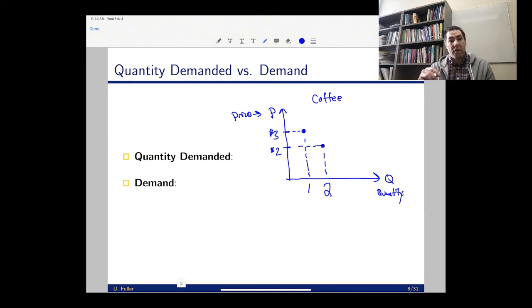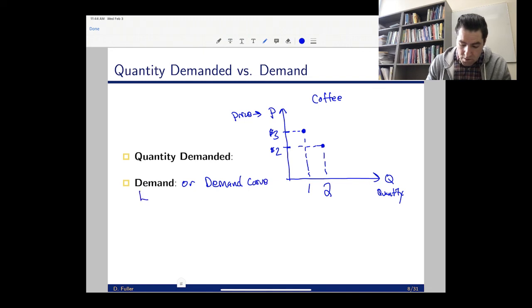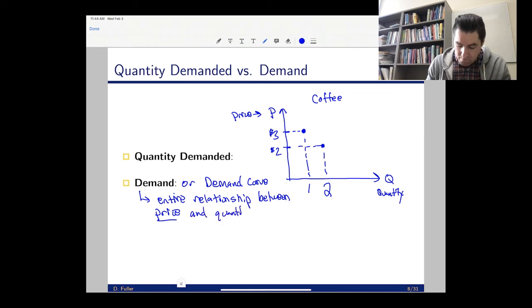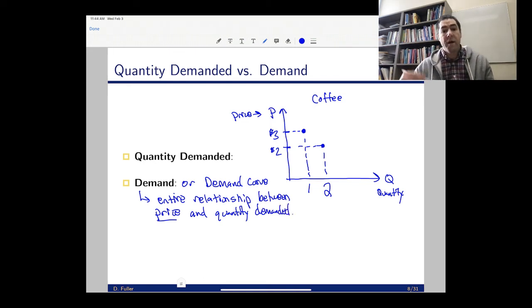Demand, or the demand curve, is the entire relationship between price and quantity demanded. So for the demand curve, I'm going to trace out all of the points between price and quantity.